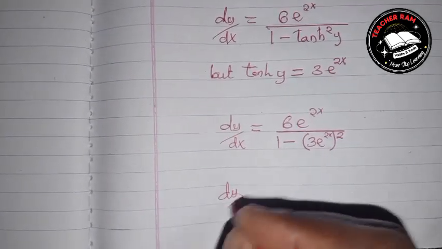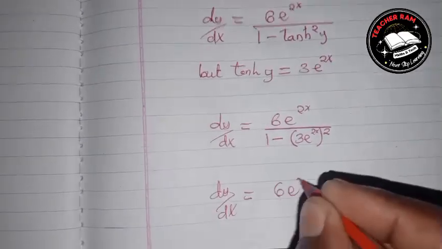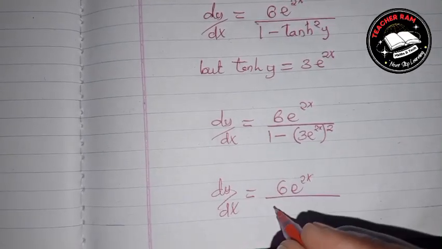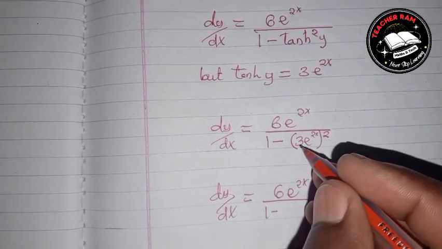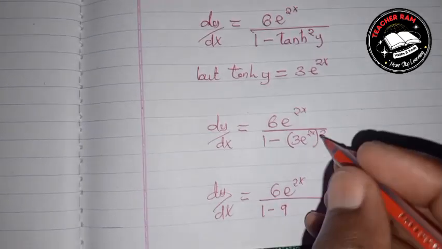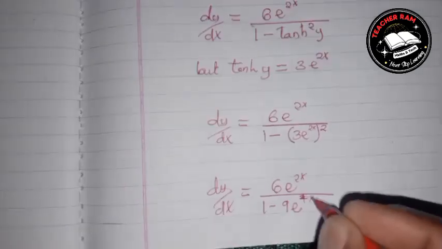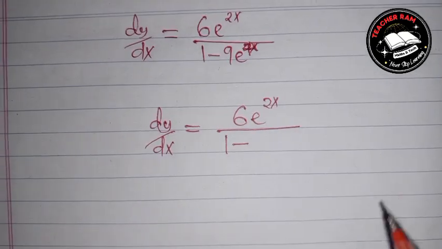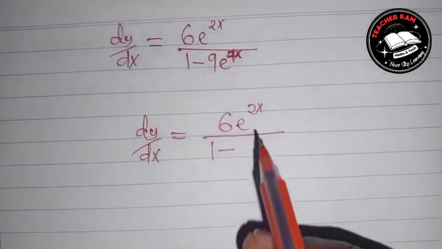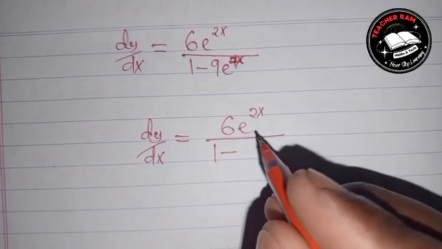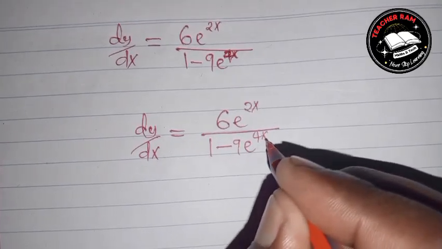So dy dx will be equal to, for the numerator, 6e power 2x, and the denominator will be 1 minus, where the square applies to the 3, so it will be 9, and the square applies to the 2x, giving e power 4x. So dy dx is equal to 6e power 2x over 1 minus 9e power 4x.